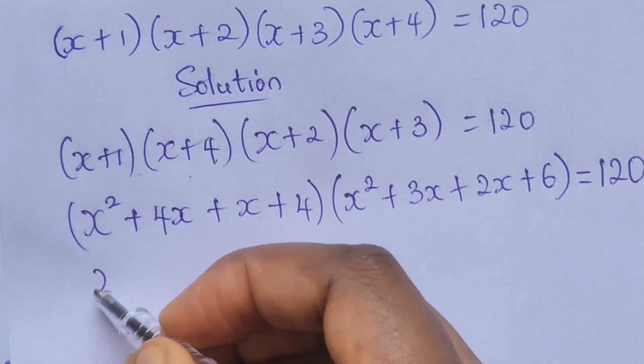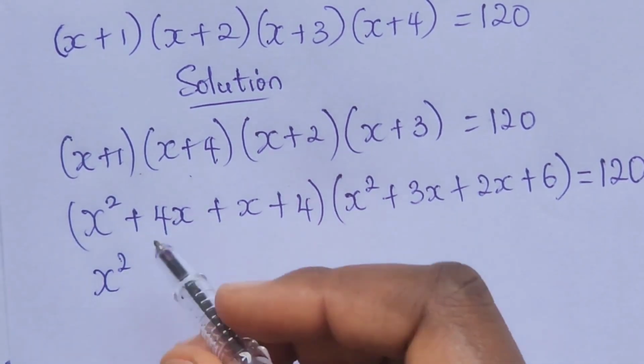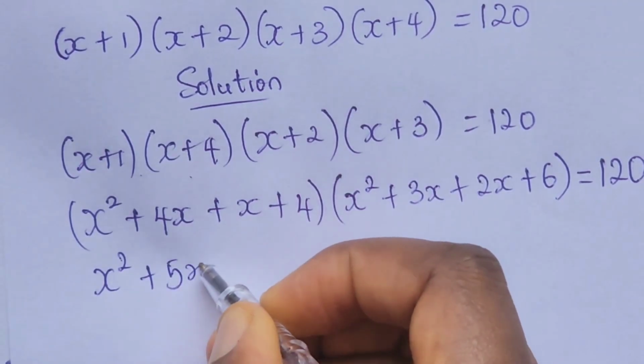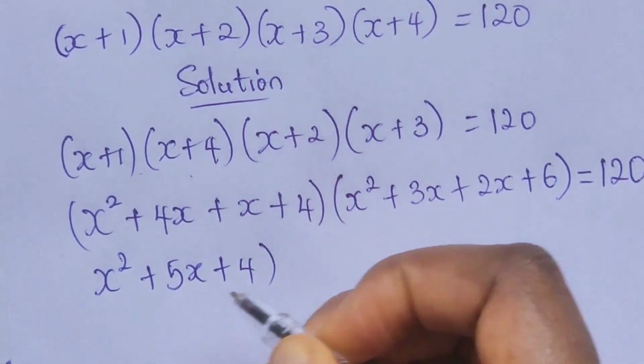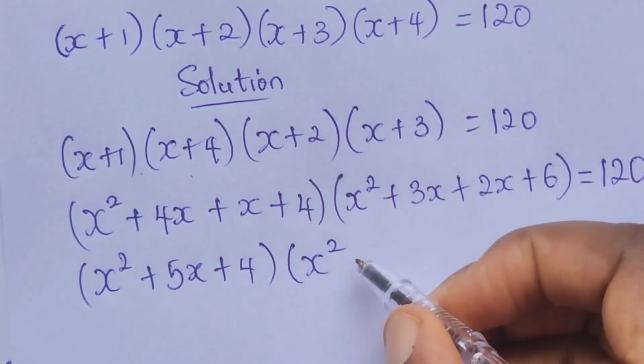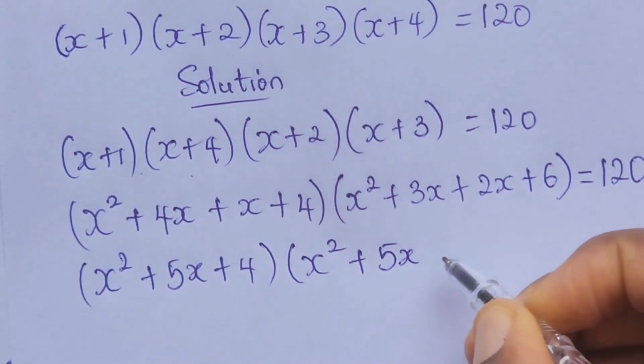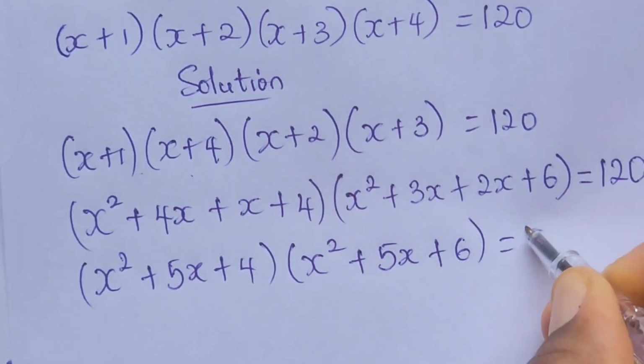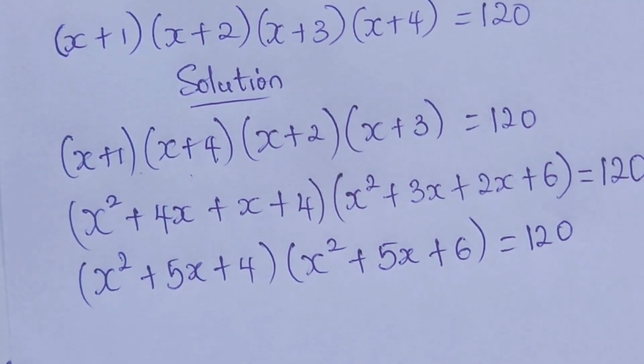So from here we have x squared, 4 plus 1 we have plus 5x plus 4, and here we have x squared, 3 plus 2 we have plus 5x plus 6, all equal to 120.